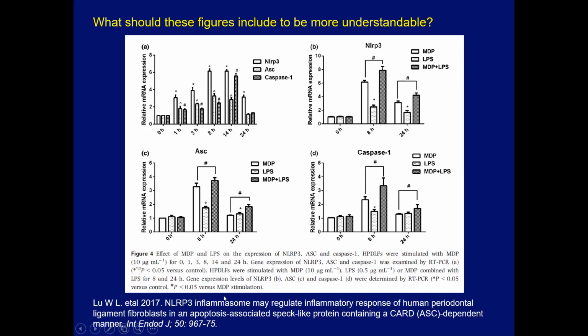And then they mention the p-values versus control, on the cells stimulated by MTP, the concentration of LPS, or the combination of both for those times. Then the gene expression levels of this marker and this marker and this marker were determined by RT-PCR. So they briefly remind the reader about the design of the methodology used to test the expression of those markers, in a very successful and understandable way.